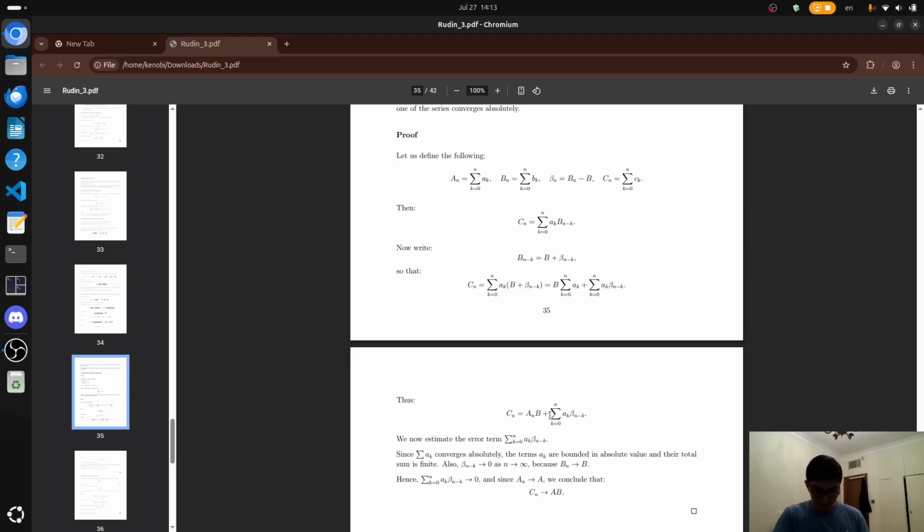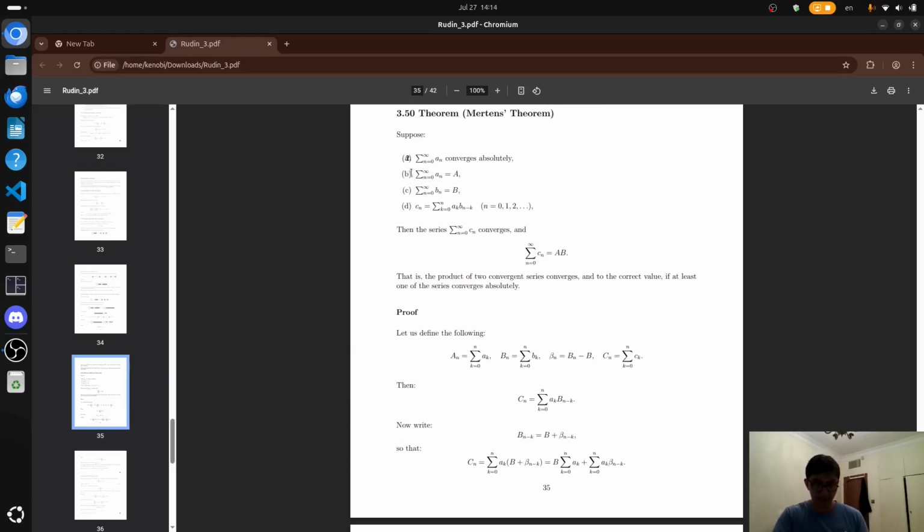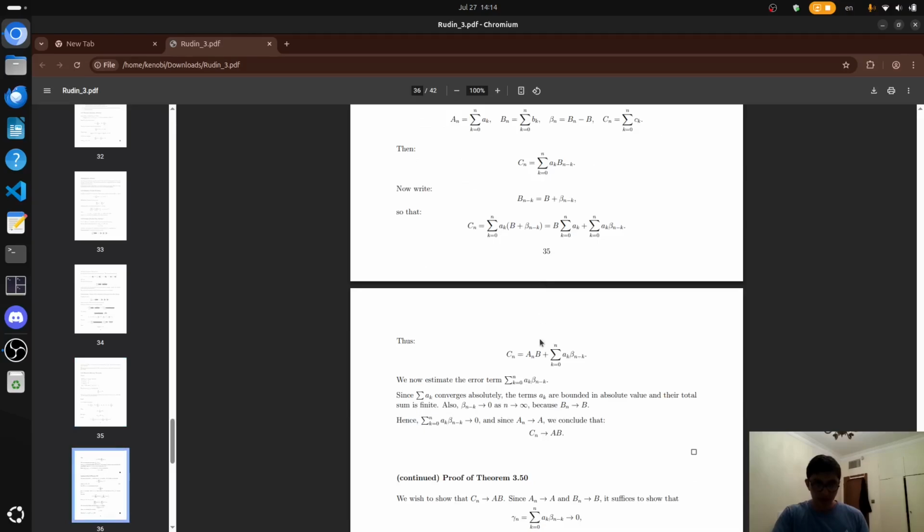And this is basically An times B plus this sum over here. We know that An B goes to AB, because the limit as n goes to infinity of An goes to A. That's what we defined over here. So if you want to show that this is equal to AB, we want to show that this sum over here goes to 0 as n goes to infinity.